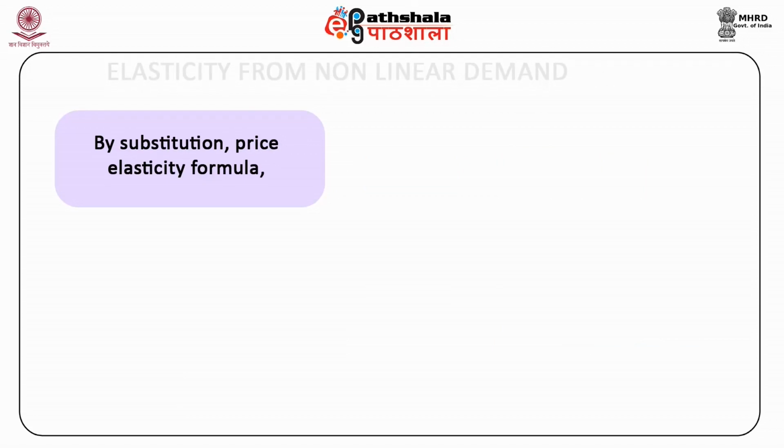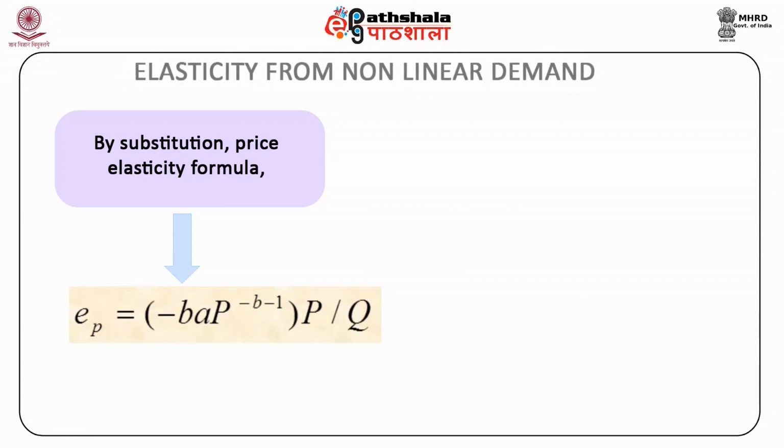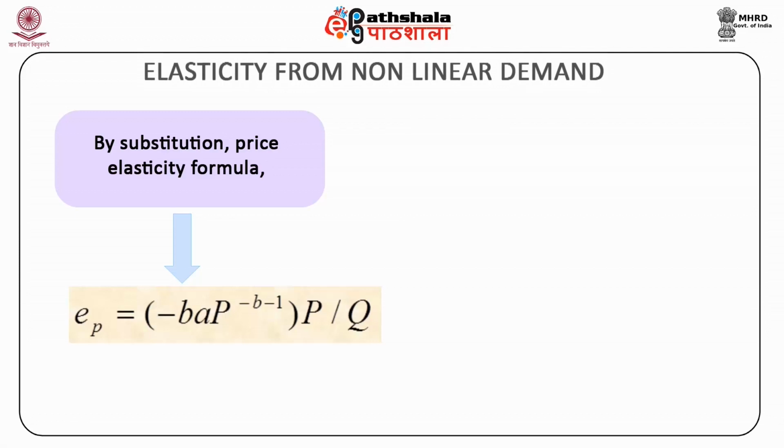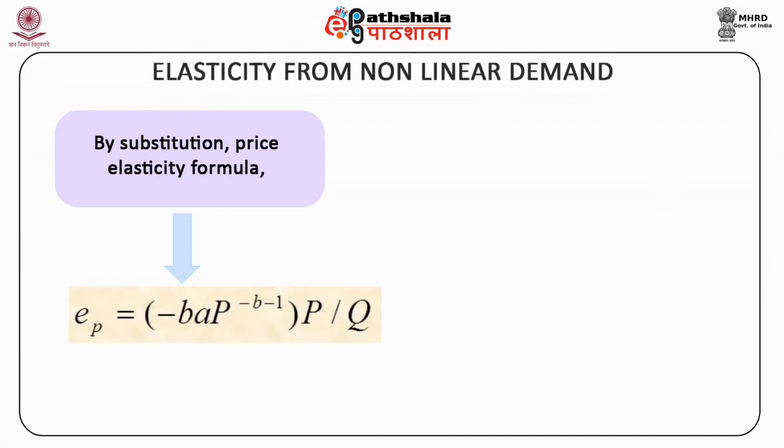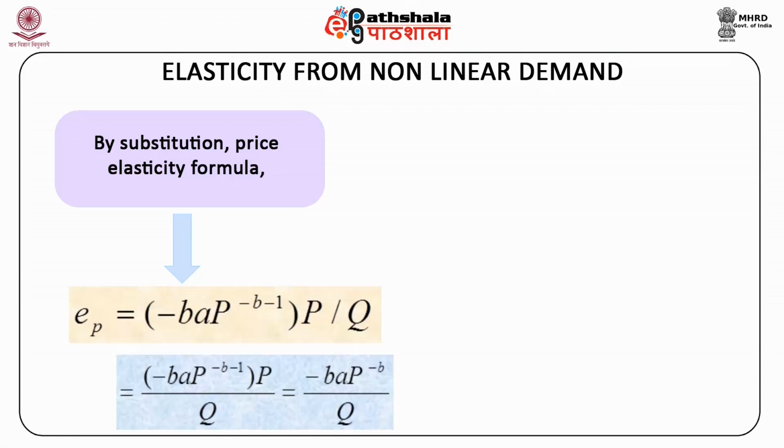By substitution, the price elasticity formula can be written as EP is equal to minus B into A into P to the power minus B minus 1 into P by Q, which is equal to minus B into A into P to the power minus B divided by Q.